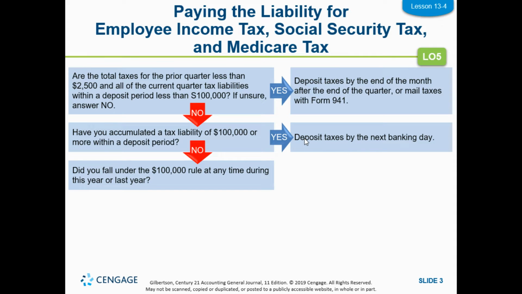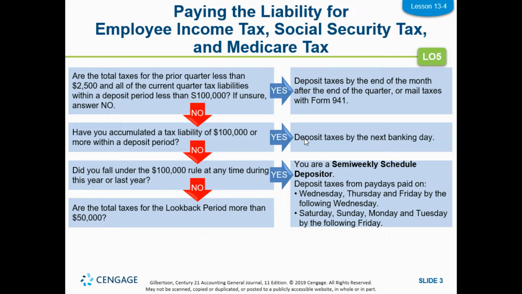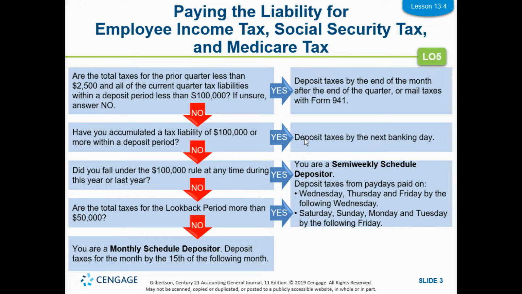Do you fall under the $100,000 rule? Well, then, yes, you're going to be on a semi-weekly scheduled deposit. I'm not even going to talk about that right now. No. Are the total taxes for look-back period more than $100,000, or $50,000, I should say? If yes, and at those dates. But most employers fall down here at the bottom. You are a monthly scheduled depositor, deposit taxes for the month by the 15th of the following month.